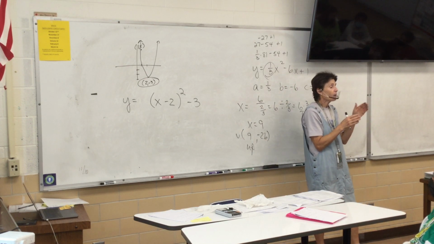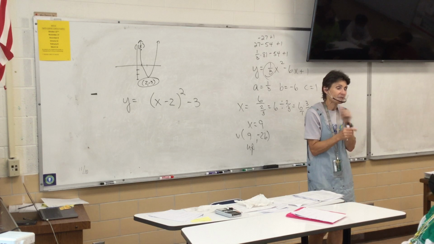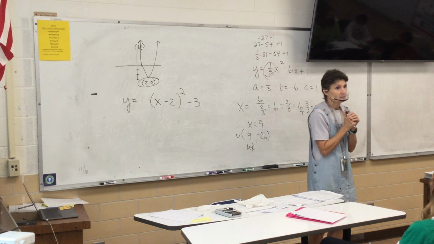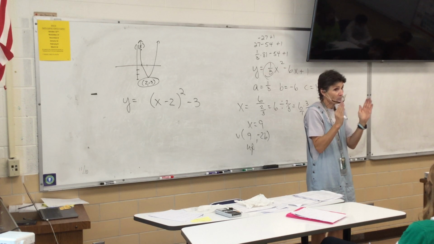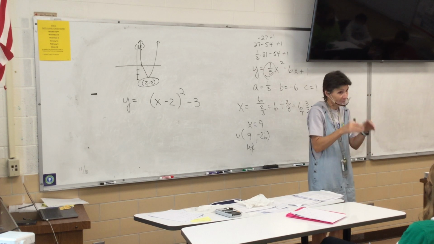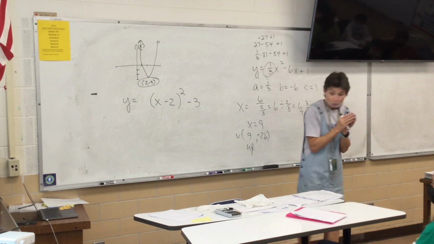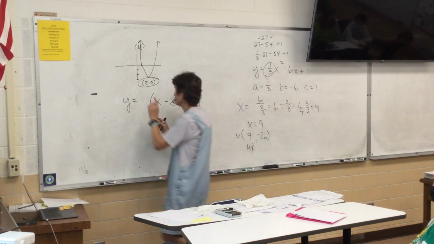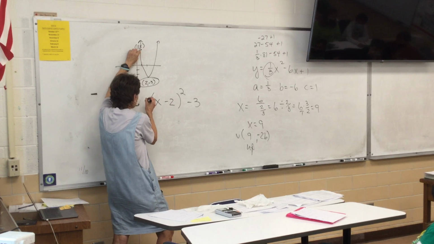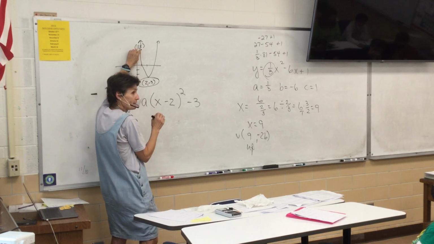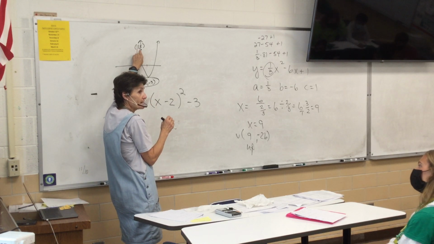Exactly. There are how many parabolas that have that vertex? A lot, right? Some of them are skinny, some of them are fat, some of them are up, some of them are down, but there's a ton of them, right? You want the particular one that goes through that point. So this number, I'll call it A, is missing.